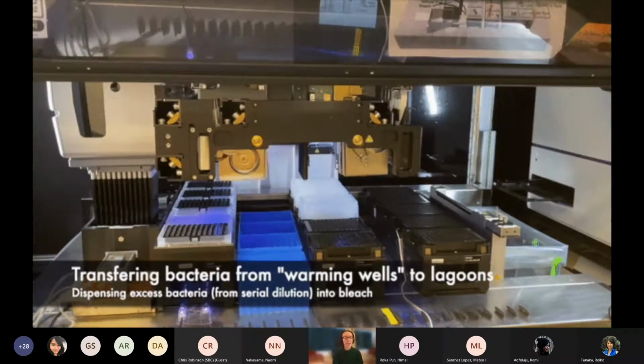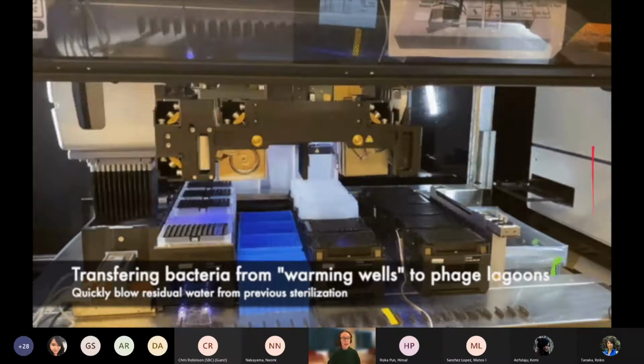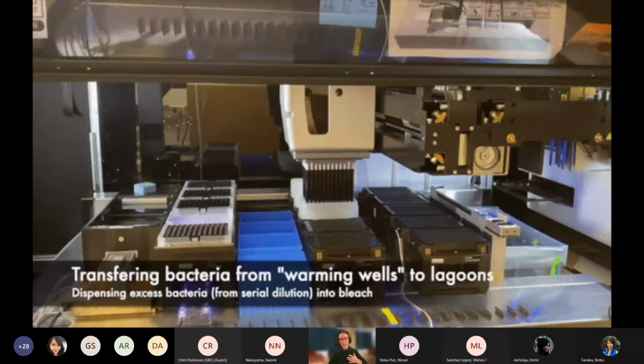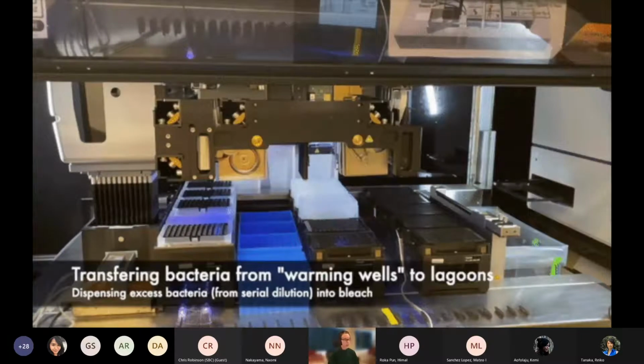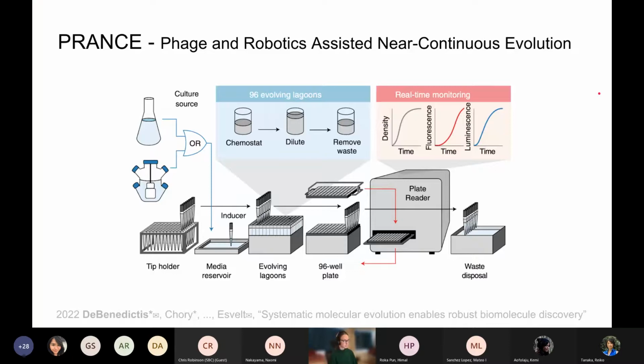And then on top of that, hiding over here in the corner is this integrated plate reader, which allows us to take readings about what's going on in each of those hundreds of populations as they evolve, which, as you'll see, is actually quite useful and actionable data.